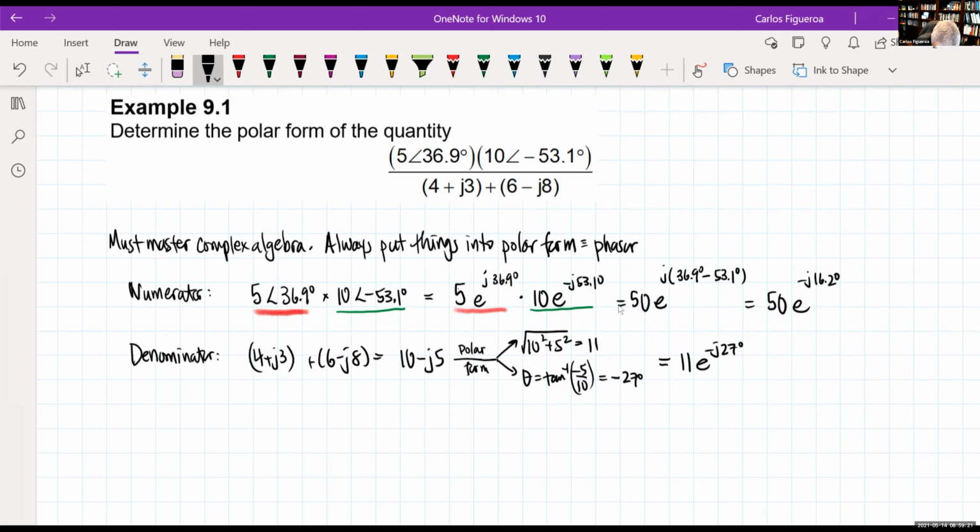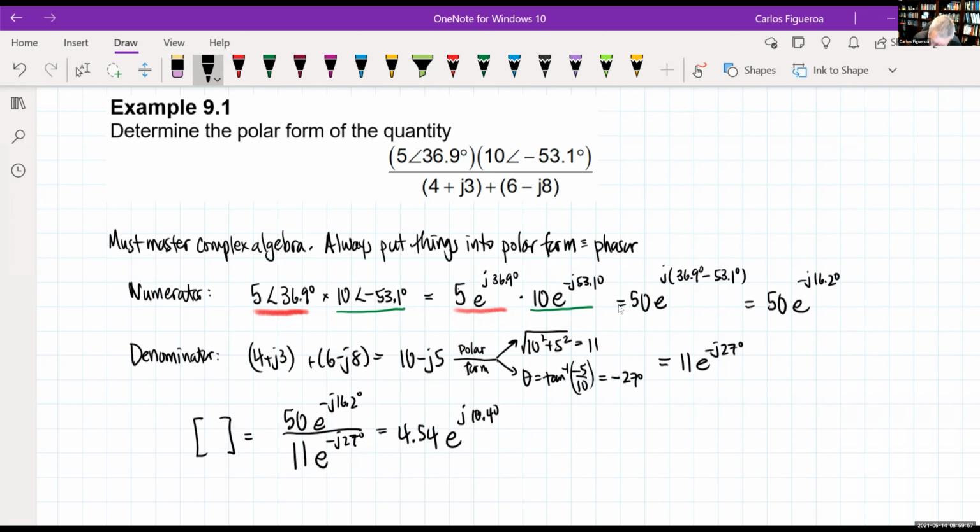So if I look at my total expression, I have my numerator, which is 50 e to the minus j 16.2 degrees, divided by my denominator, 11 e to the minus j 27 degrees. And so if I compute that, that should be about 4.5, and then I'm going to get e to the j 10.4 degrees.